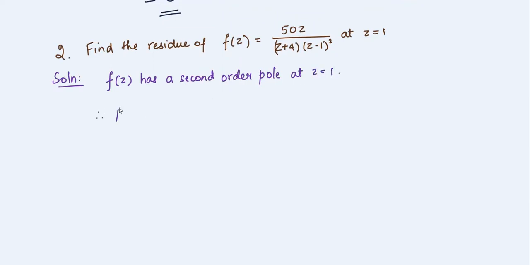Therefore, residue of f(z) at z equal to 1 is 1 by (m minus 1) factorial, where m is 2.